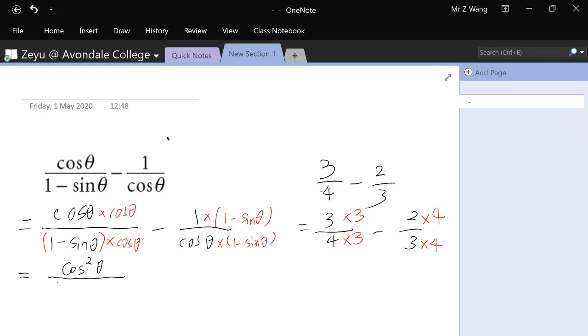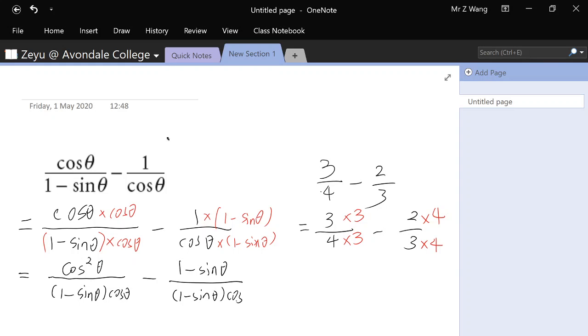Now we have 1 minus sine theta, cos theta. I'm just omitting the multiplication sign, and here 1 times 1 minus sine theta is directly 1 minus sine theta, over 1 minus sine theta cosine theta. I'm swapping this because this is a multiplication. The order in which they multiply together doesn't matter, so you can swap the two.